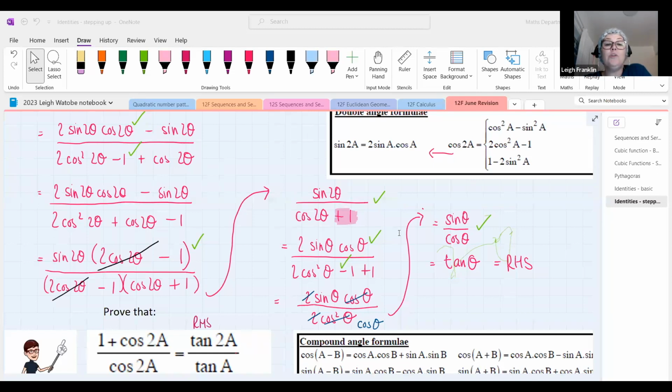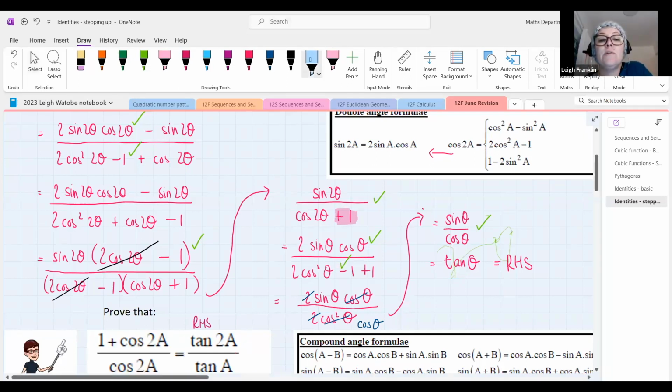So if we wanted to, I was thinking about it just now, we could have rewritten the denominator. Once we get it to this point over here, there's something else that we could do with the denominator. Not nothing else we can do with the numerator, but as far as the denominator is concerned, we could do something else there.